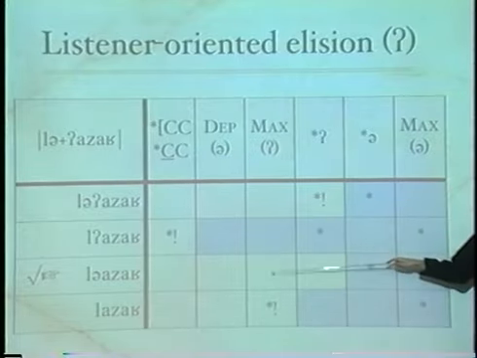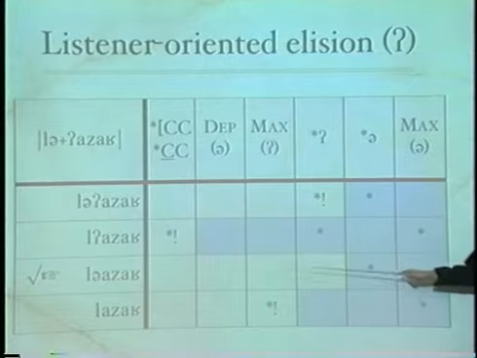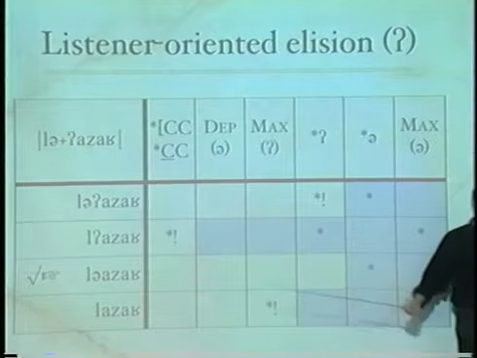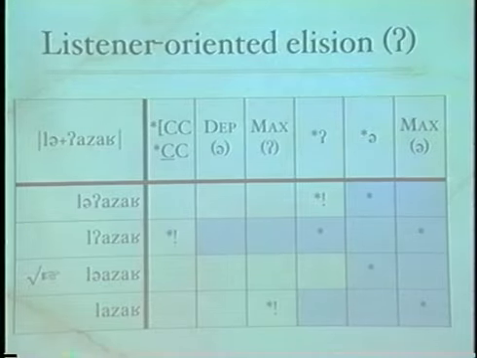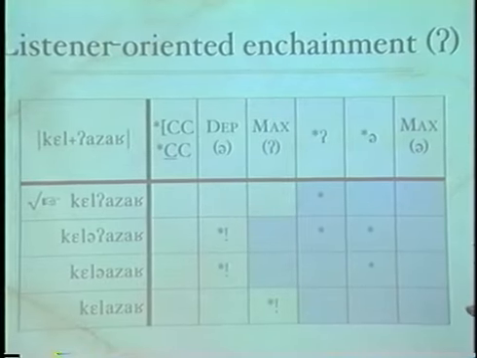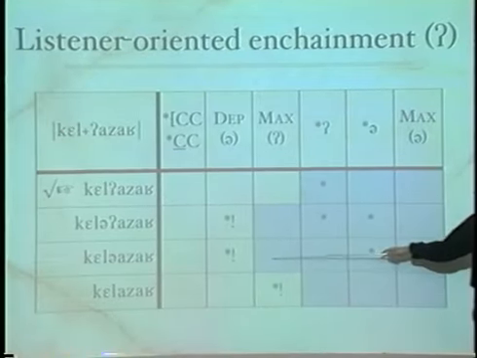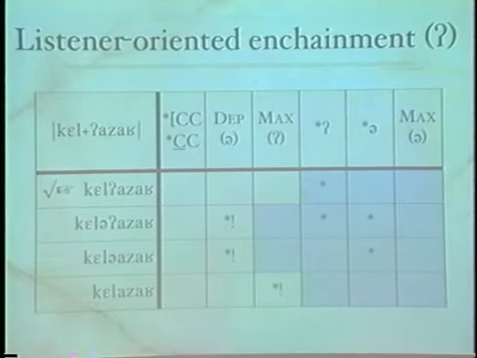So I erased the asterisk here, and by erasing the asterisk here, this becomes the winner. And it is the correct form. Nothing changes much in this tableau, which already was correct, except that we have erased something here, which is immaterial.